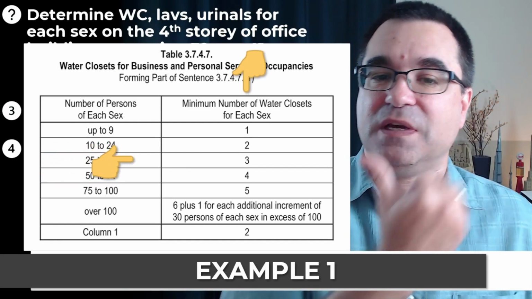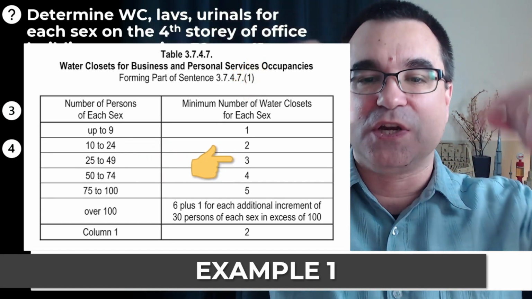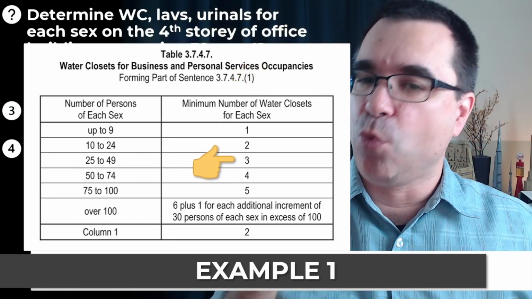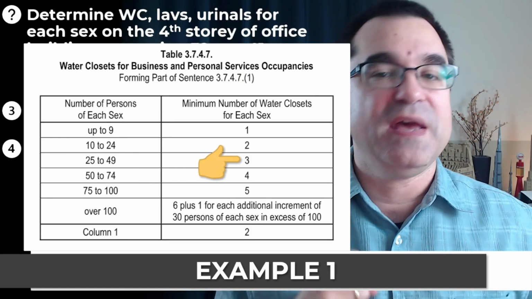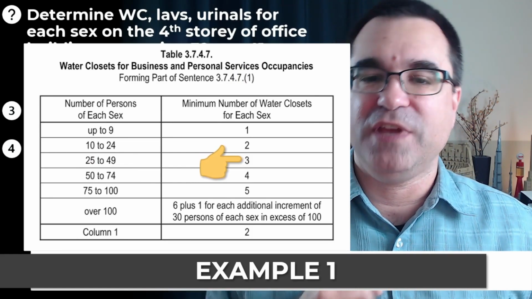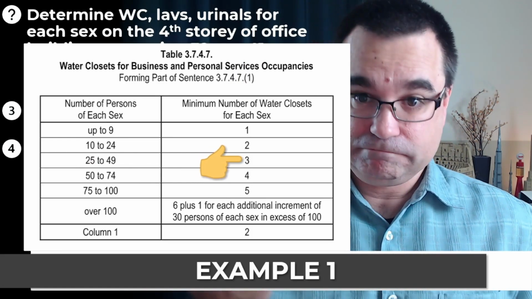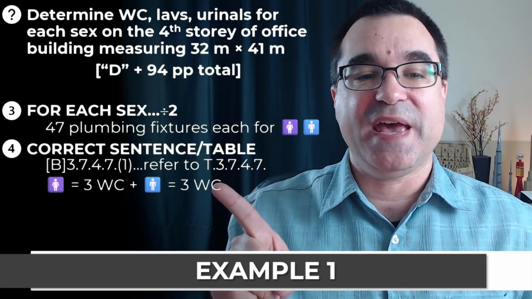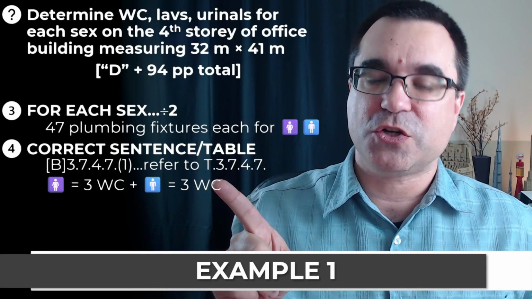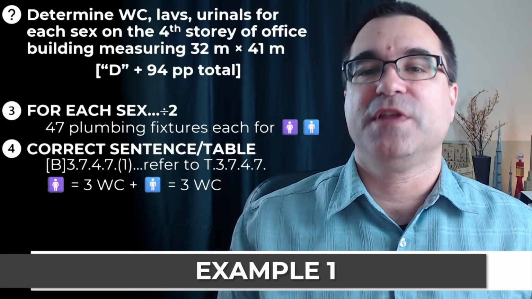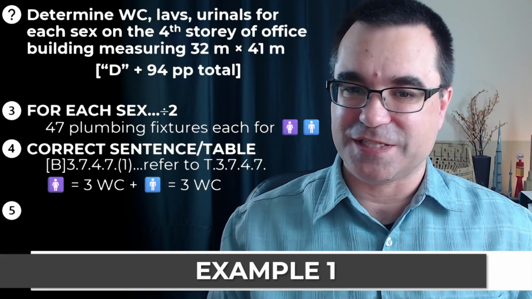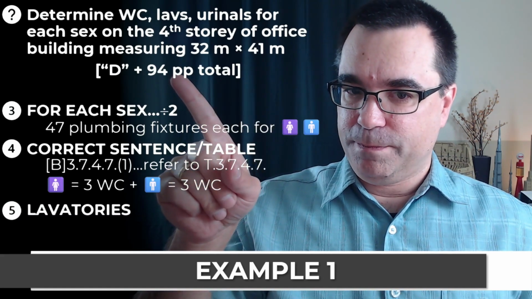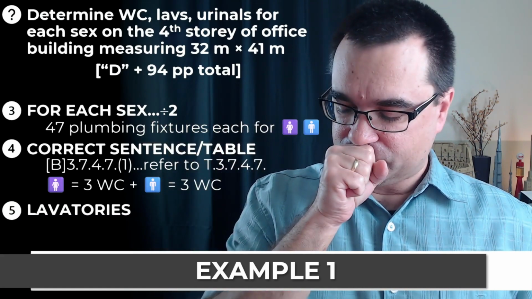Where the row and the column intersect, that's how many water closets there will be in each of the male and female bathrooms. It's that simple, I promise you. So for the female and the male washrooms, each of them will have 3 water closets based on 47 people each.